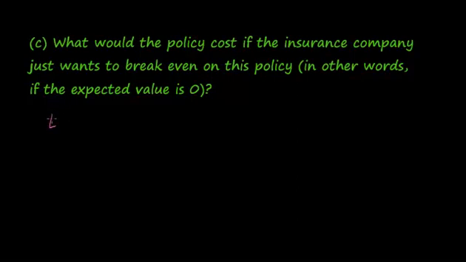So again, expected value is the sum of each outcome times its probability. Okay, so our outcomes are that she lives, I'm just going to write them above my equation here, or she dies. So if she lives, let's think about this.